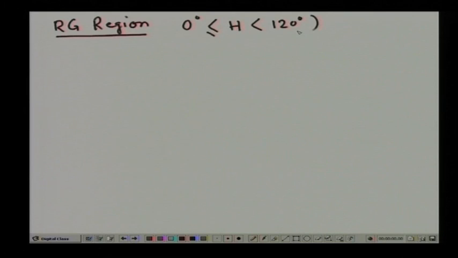One region is called the RG region, in which H lies between 0 degree and 120 degree. The other region is called the GB region, in which H lies between 120 degree and 240 degree.